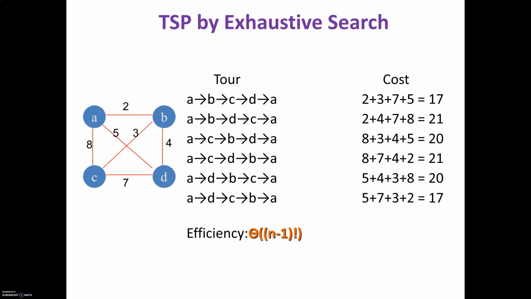If there are 10 cities, then imagine 9 factorial feasible solutions you have to find. From that, you are required to choose the optimal solution. This is the exhaustive search approach, right? Because first you have to generate all possible feasible solutions, and from that, choose the optimal one.